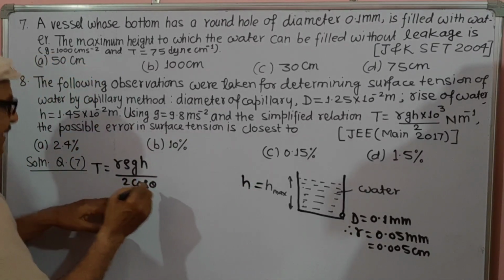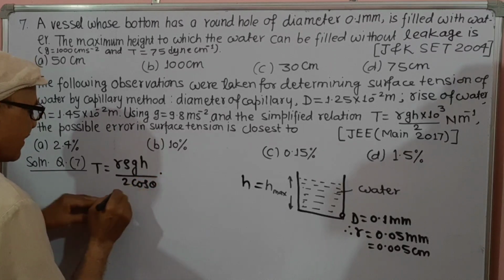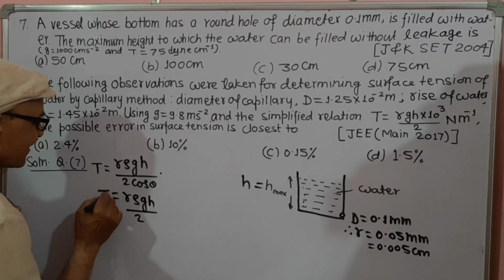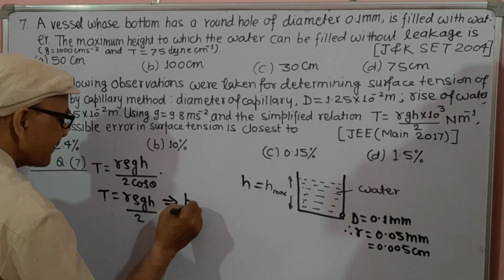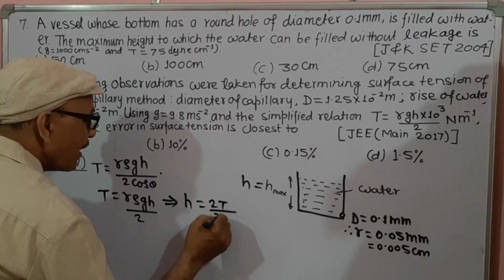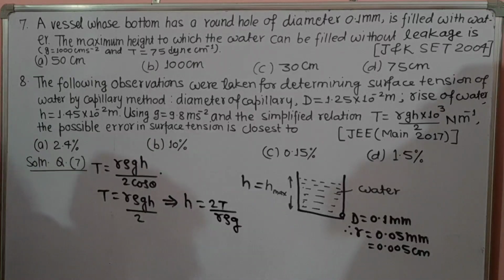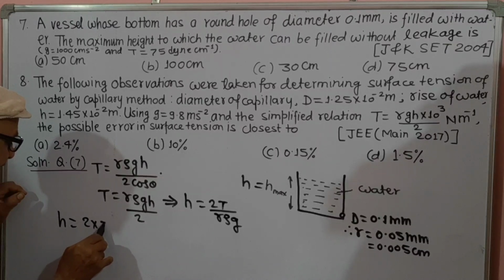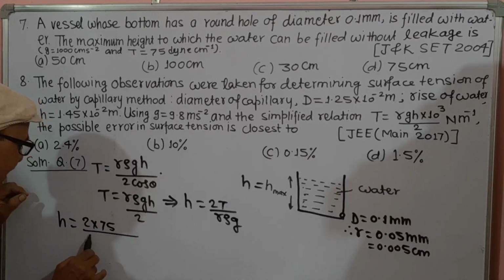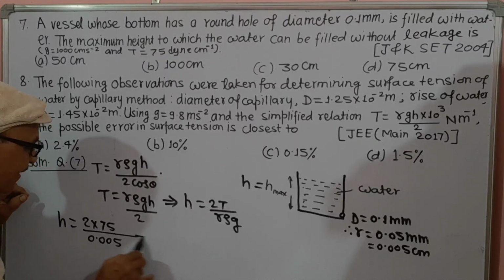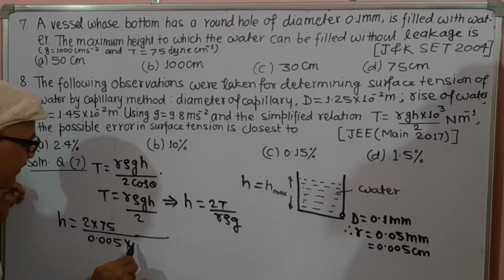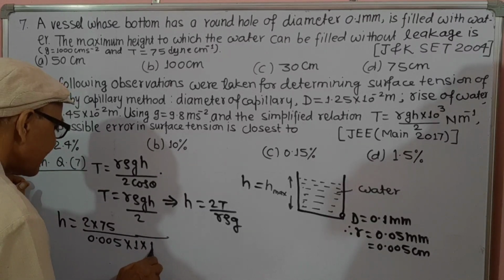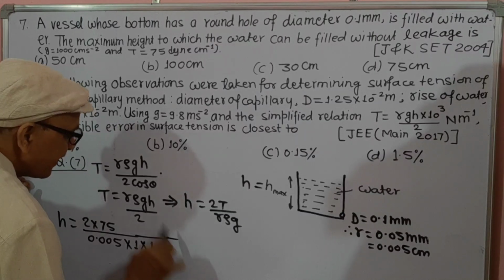For water, theta is 0, therefore it becomes T is equal to R rho G H upon 2, which gives H as 2T upon R rho G. Now putting the corresponding values, we get H is equal to 2 into 75 upon R is 0.005, rho is density of water 1 gram per cm cube, and small g is 1000 centimeter per second square.